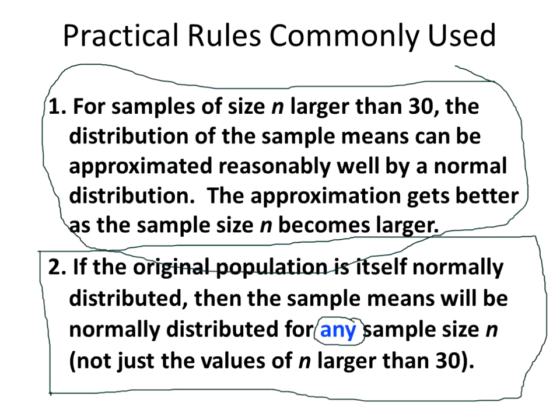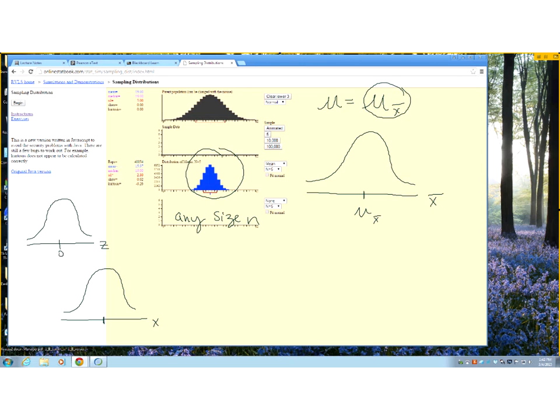All right, so I gave you a link to that website where you get to play around with selecting samples from the population and recording the sample means. So then you get to see what happens with all those sample means. You get to see the distribution that is formed.